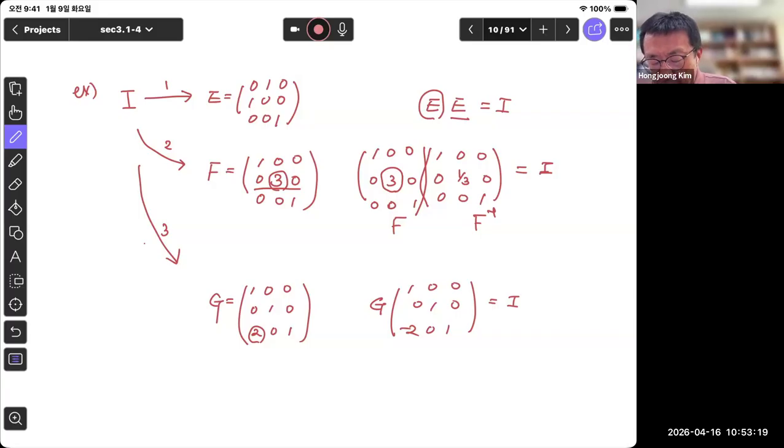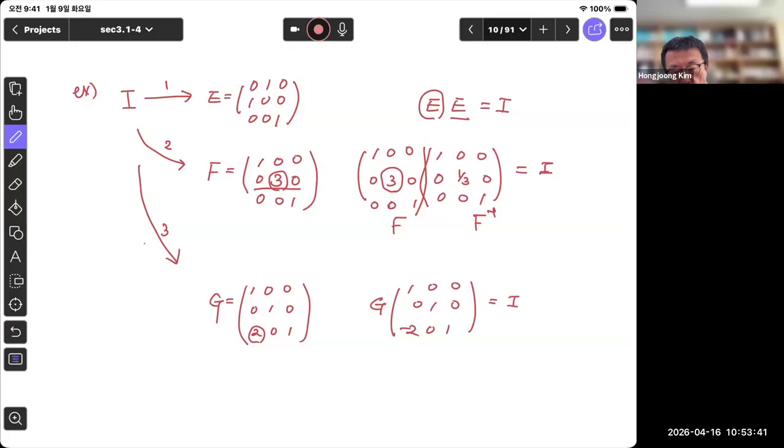So in case of the type 1 interchange operation, the inverse will be itself. And in case of F and G, if you consider the scaling or replacement, the type of the elementary operation will be the same, but in case of F, you need to consider the reciprocal.